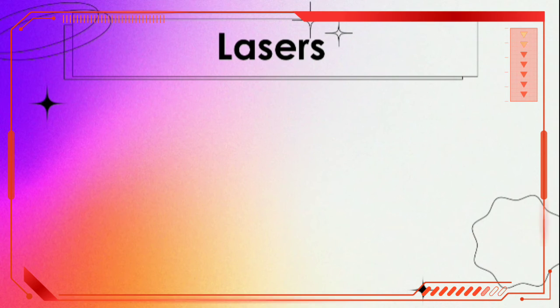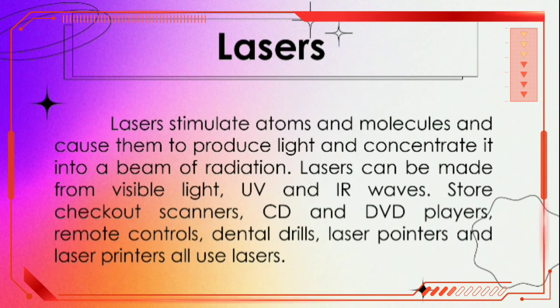The last one is the lasers. So lasers are not a form of non-ionizing radiation, but they are made from it. The word laser is an acronym for light amplification by the stimulated emission of radiation. Lasers stimulate atoms and molecules and cause them to produce light and concentrate it into a beam of radiation.